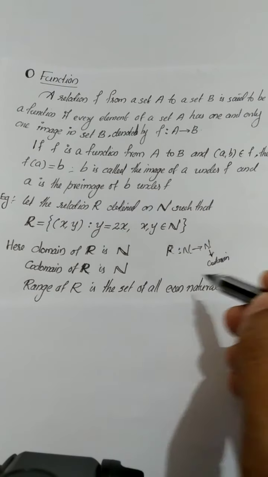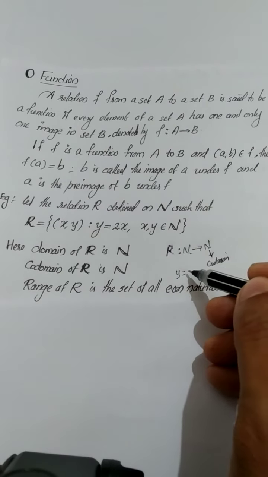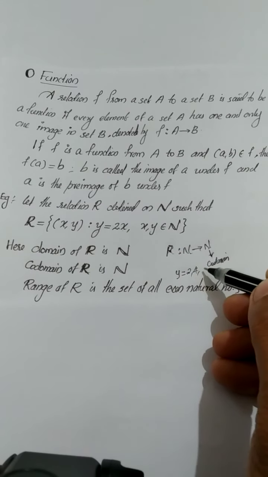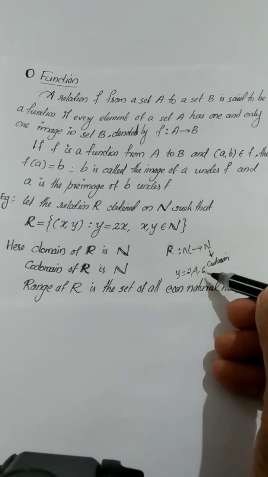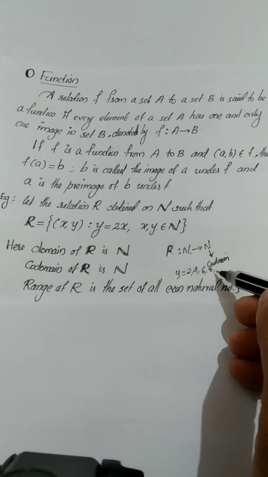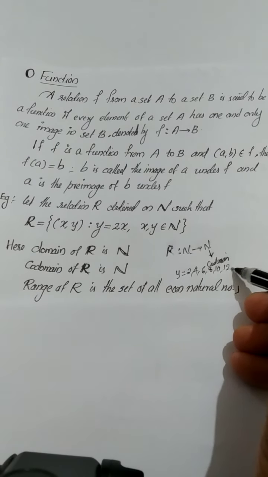So here, if we are looking at y, we get 2 into 1, 2. 2 into 2, 4. 2 into 3, 6. 2 into 4, 8. 2 into 5, 10. 2 into 6, 12.